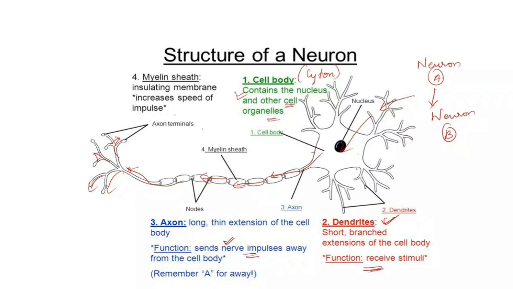This axon is covered with an insulating membrane called the myelin sheath. There is a chance of mechanical shock, so in order to prevent that, the myelin sheath is a covering present around the axon. You can see here, these are the myelin sheaths. It is an insulating sheath.